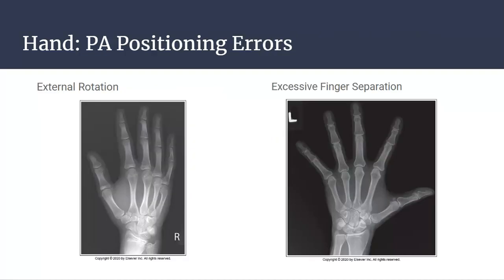So let's discuss some common positioning errors that occur during hand radiography. We're going to focus on the external rotation, internal rotation, and proper thumb and finger separation.